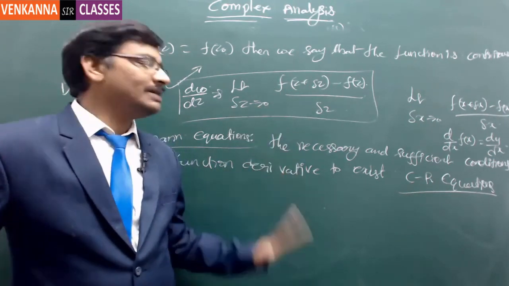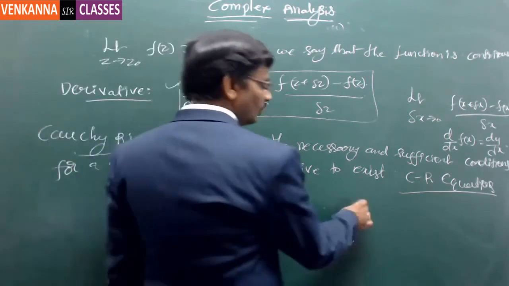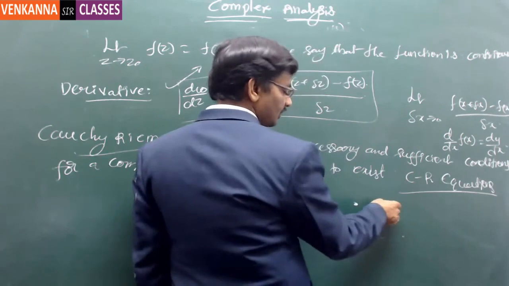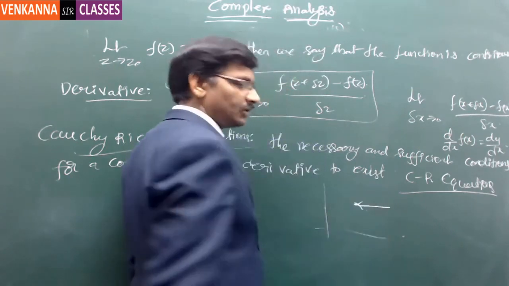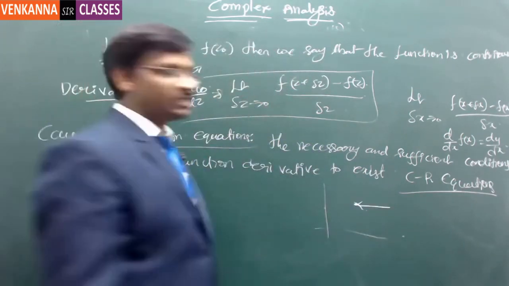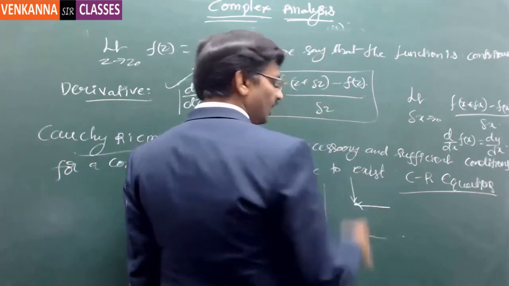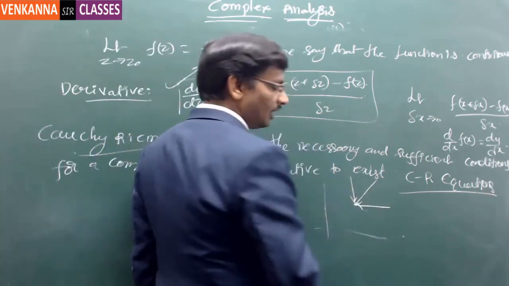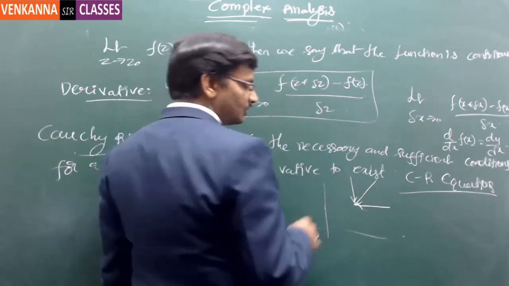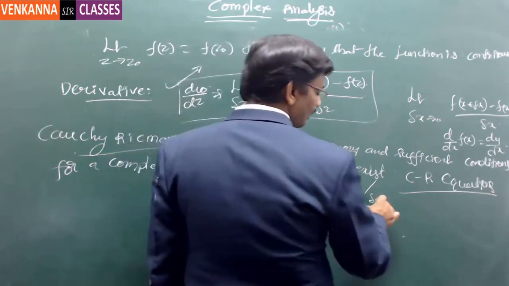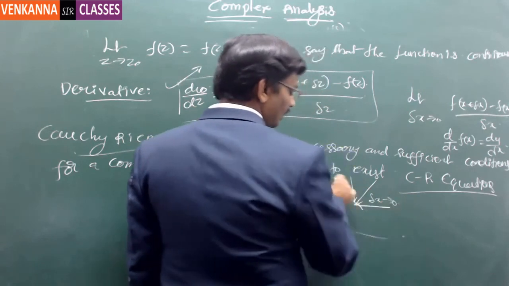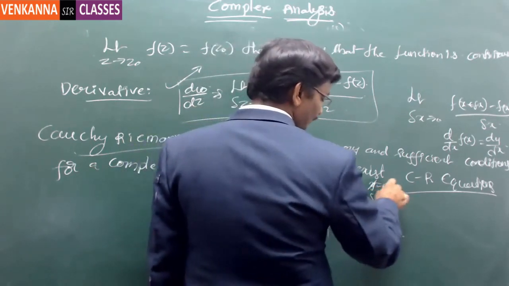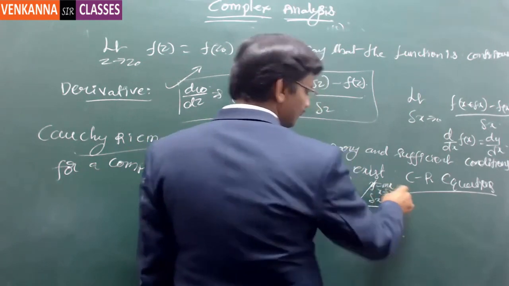So at least you are generalizing the limit value to exist for this particular point in the xy plane. You will be approaching this point along the x direction, along the y direction, and along some random direction. So here, in all the different directions, we say limit delta x tending to 0, delta y tending to 0, and here y is equal to mx and x tending to 0. This is how actually we do it.